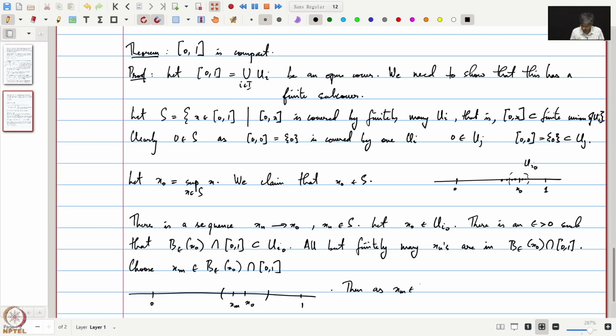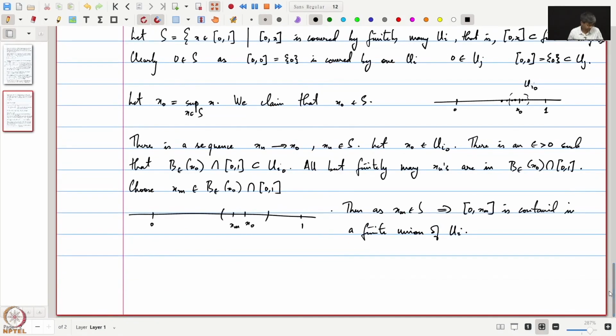Then, as x_m is in S, this implies [0, x_m] is contained in a finite union of U_i's. Moreover, this interval [x_m, x_0] is contained in B(epsilon, x_0) intersected with [0, 1], which is contained in this U_{i_0}.